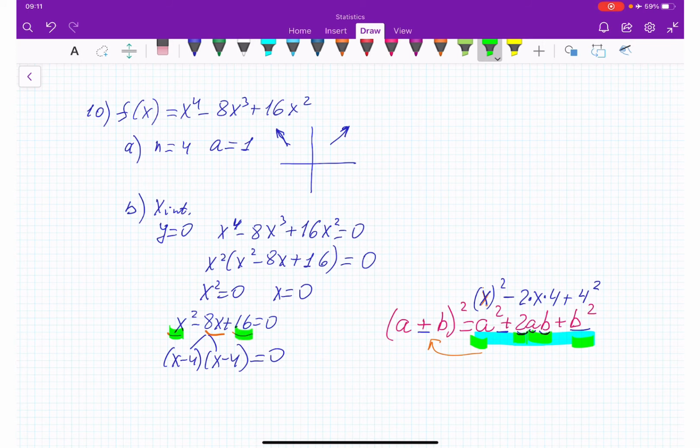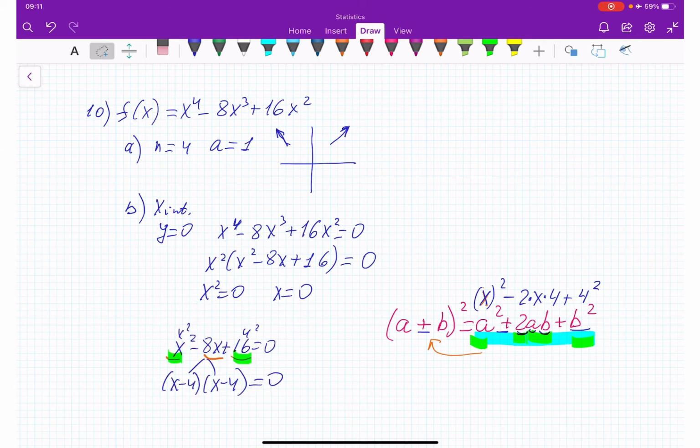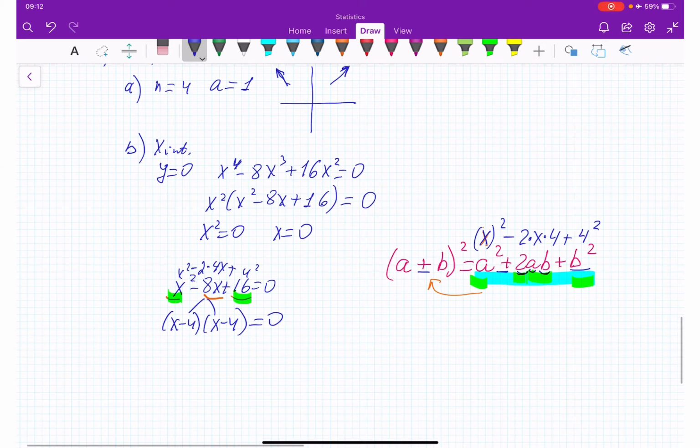Square of the second one is 4 to the power 2. Then multiply by each other: 4 times x is 4x. Minus, multiply by each other 4x, and double it times 2. So I get 8x and I'm done. So it's your choice. Either way, it works.